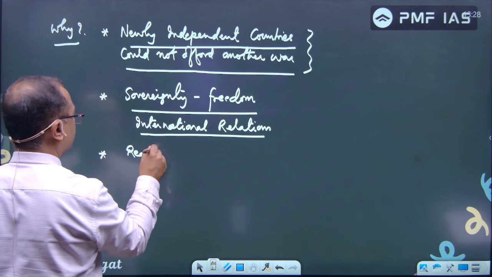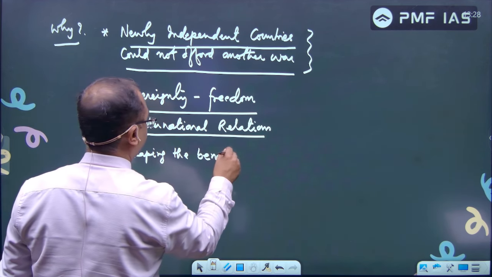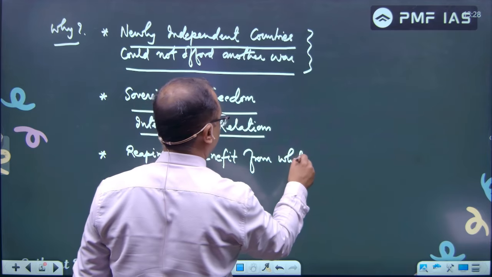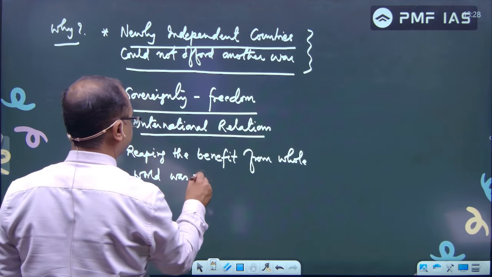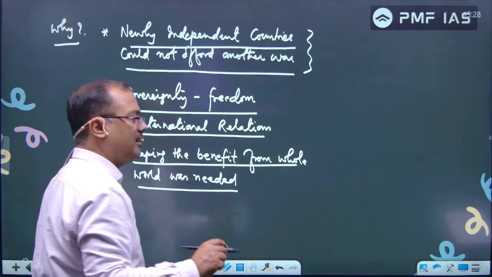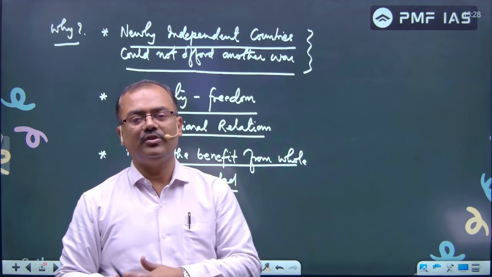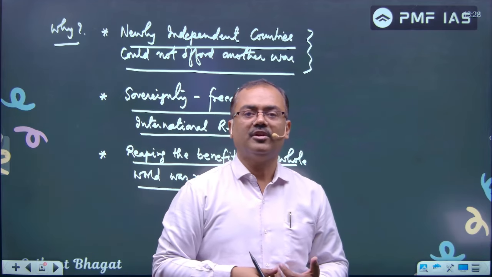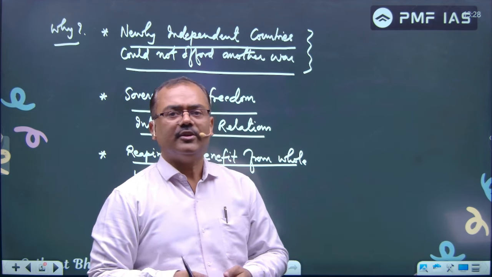Third part, reaping the benefit from the whole world was needed. That means India, or countries like India at that time, like Indonesia, Egypt, Yugoslavia, or other NAM members, could not afford that.